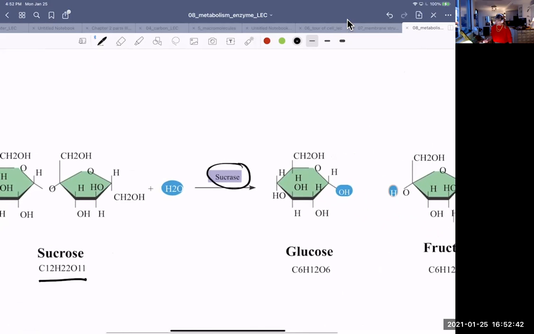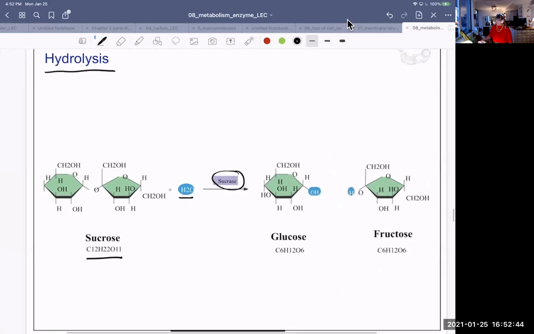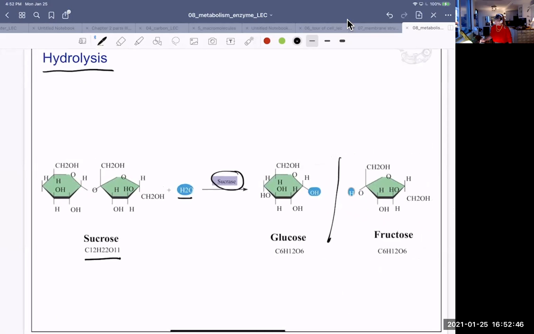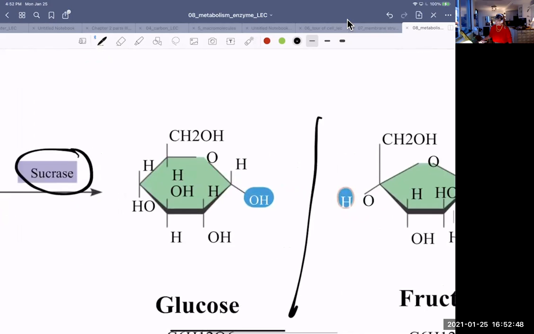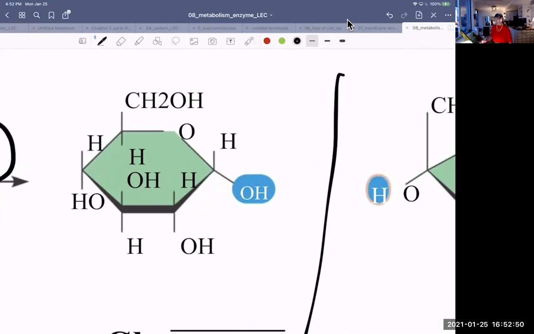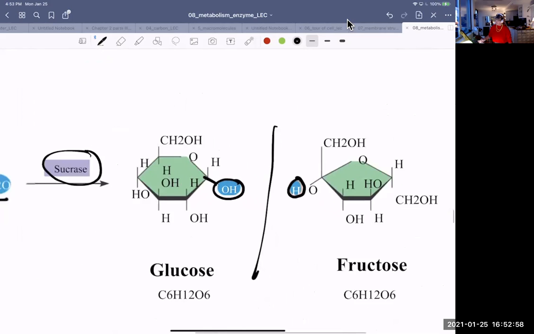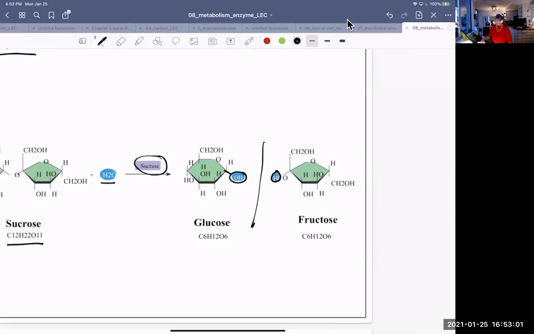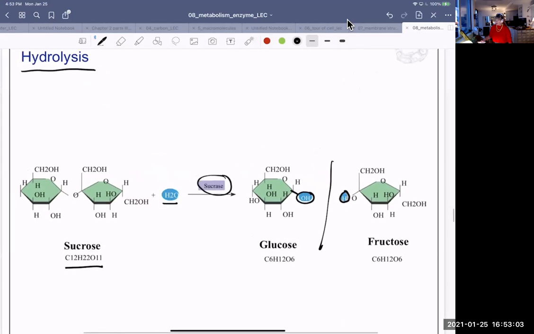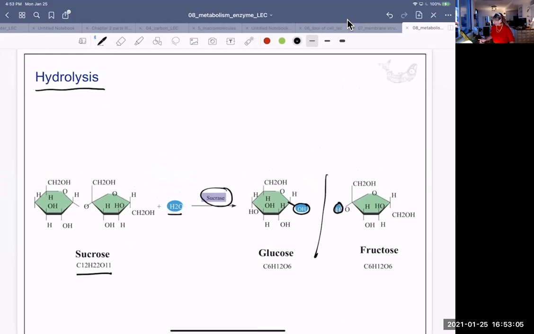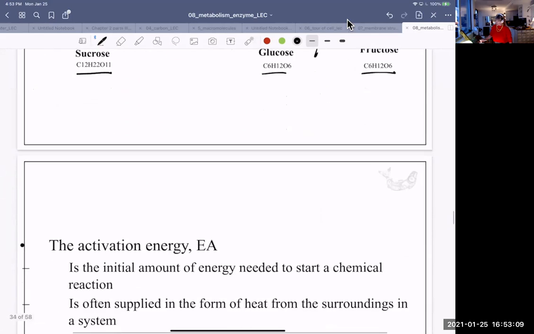Ase, a bit of water, hydrolysis, and it breaks it up with one hydroxyl molecule attaching to one and a hydrogen to the other, breaking it up into glucose and fructose. That's what your table sugar is, sucrose. It's a combination of glucose and fructose, hydrolysis.